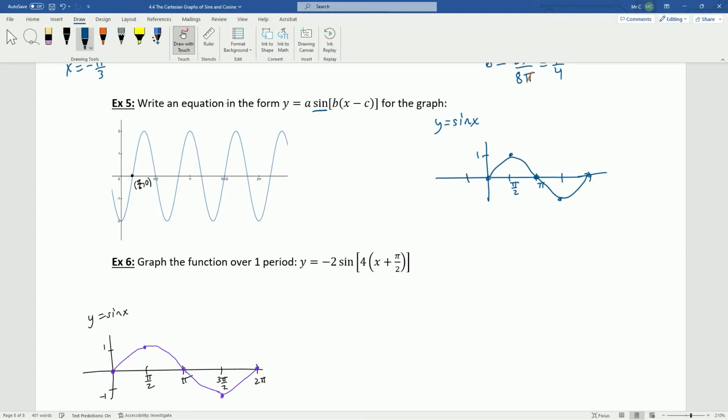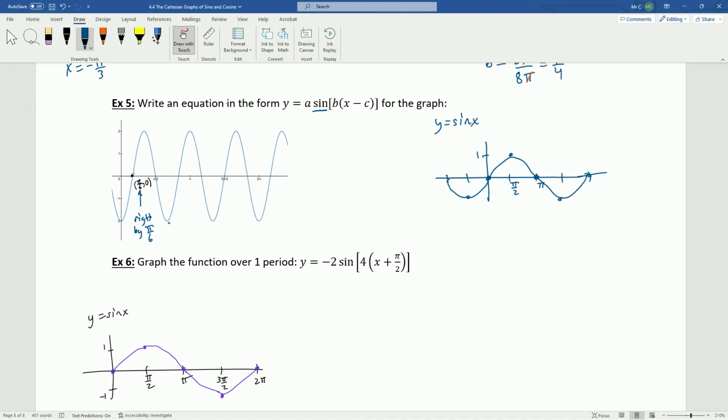Just need a quick sketch of this. And so I see for the graph of sine, I start at 0 and I go up. So where does this graph start at 0 and go up? Oh, the first 0 is here and it goes up from here. So that tells me I've shifted right by pi over 6. That's a shift right by pi over 6.